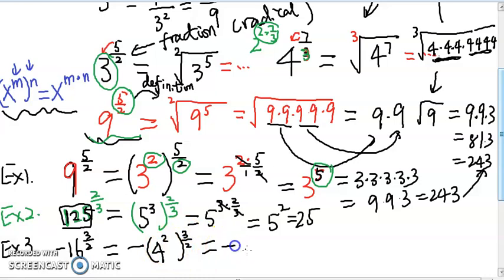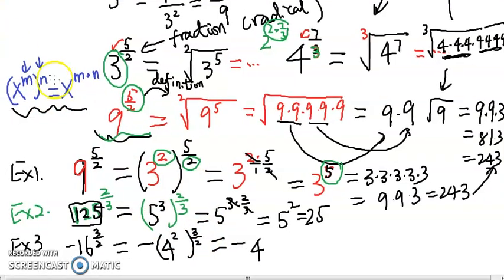And use the rule of exponents, where we are going to multiply these two exponents, 2 times 3 halves. 2 cancels 2, to the third. And negative 4 to the third is 4 times 4 times 4. That gives us negative 64.